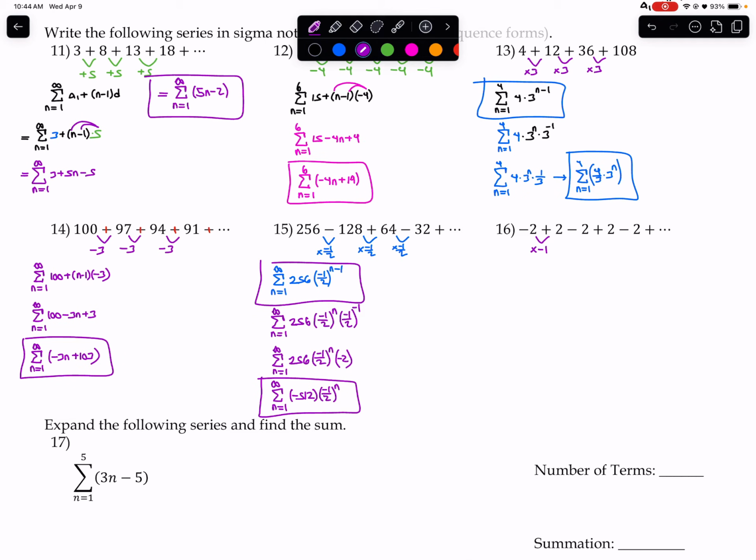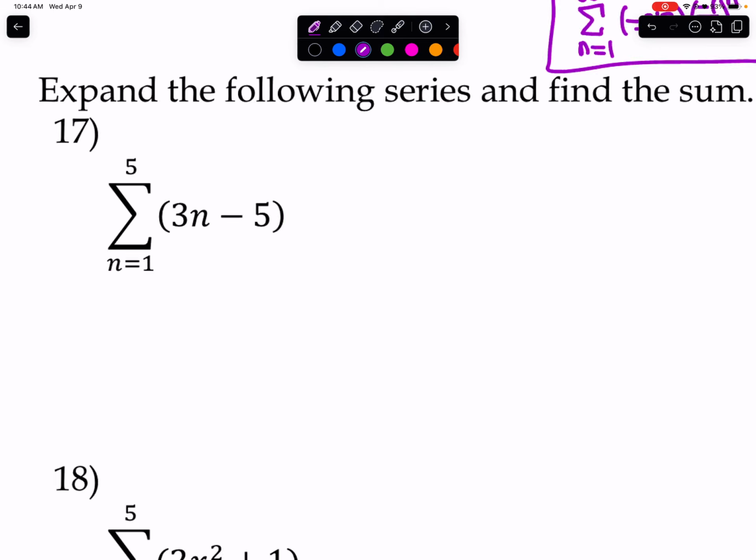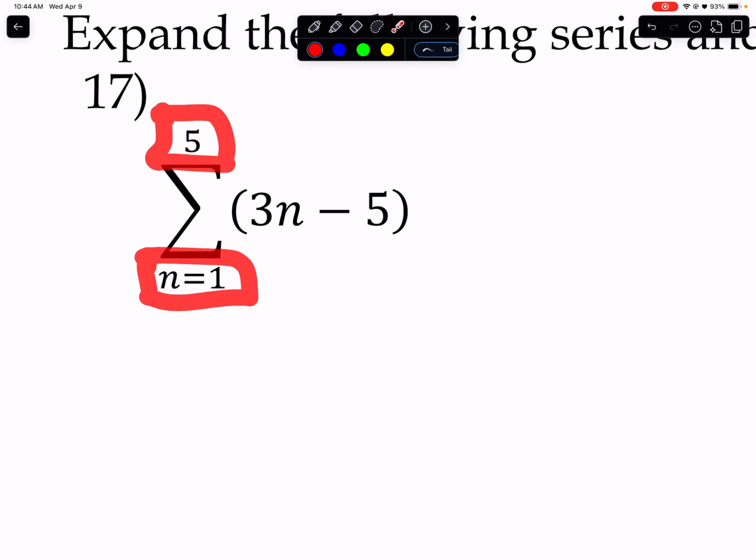So now that we wrote these values using sigma notation, we're actually going to evaluate these sums. I'm going to do this the long way because I want you guys to understand what it means to do a series. Looking at this first one, I want to go from the first term to the fifth term, and use 3n minus 5 to evaluate what this sum is going to be.